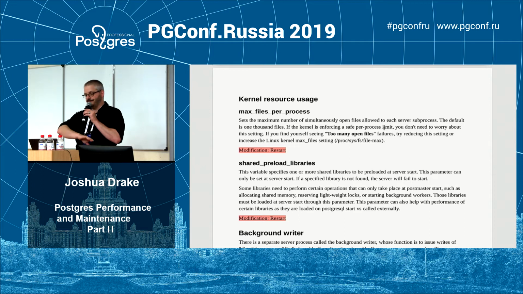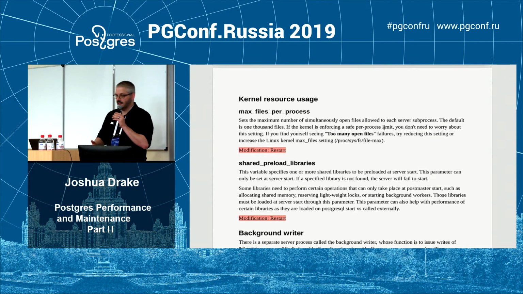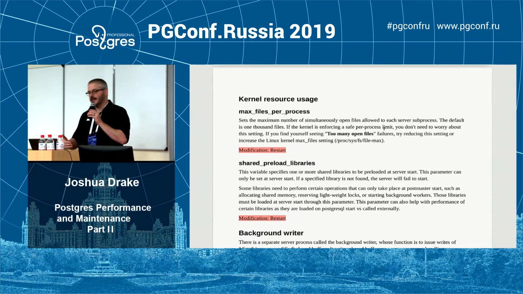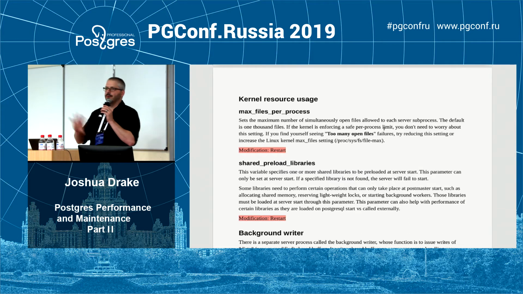If the kernel is enforcing a safe per process limit, you do not need to worry about this setting. If you find yourself seeing too many open file failures in your logs, try reducing this setting or increasing the Linux kernel max file setting, which is in /proc/sys/fs/file-max. And it's live. You don't need to reboot or anything like that. You just change it. Things will be good.